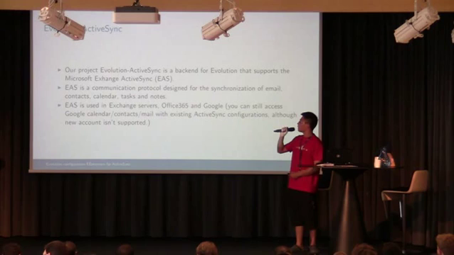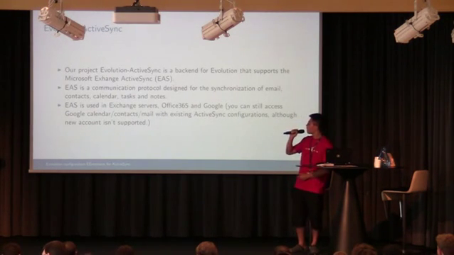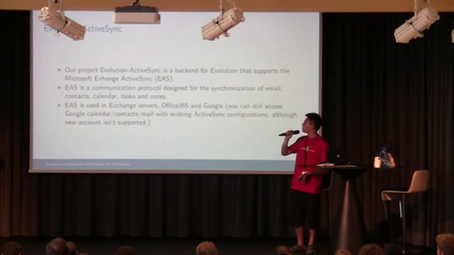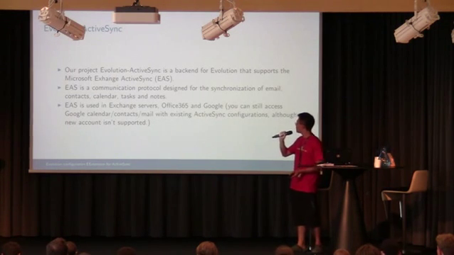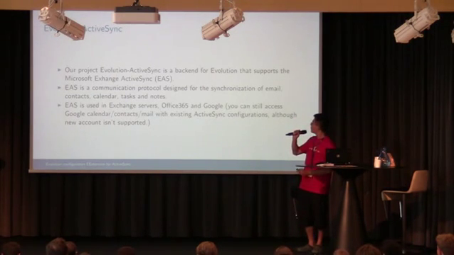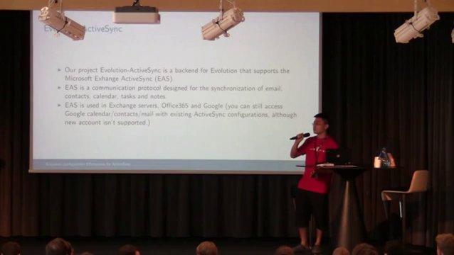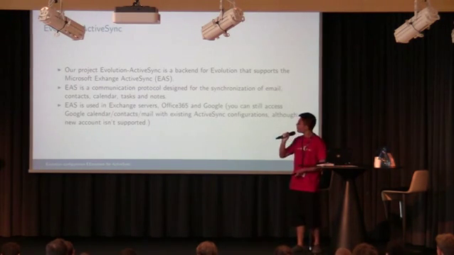It is used in Exchange servers like Office 365, and it was used by Google. I guess there's some dispute between Google and Microsoft, so it's not supported now, but you can still access some Google stuff with the existing configurations, though I think new accounts are not allowed.